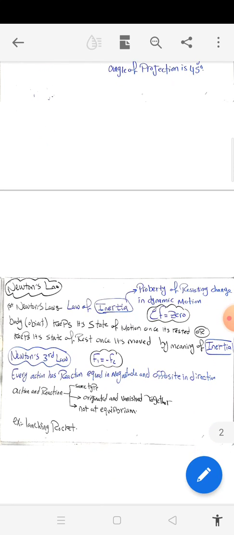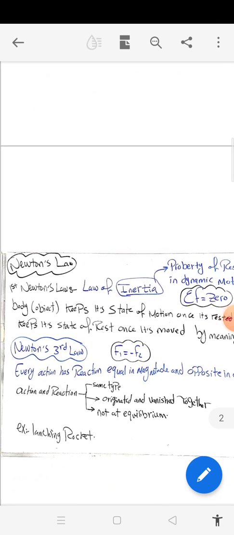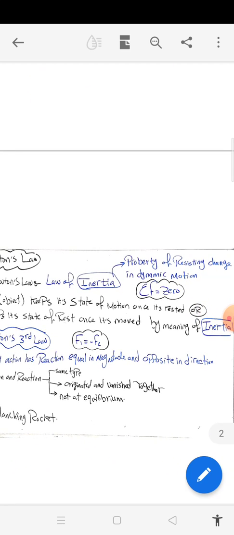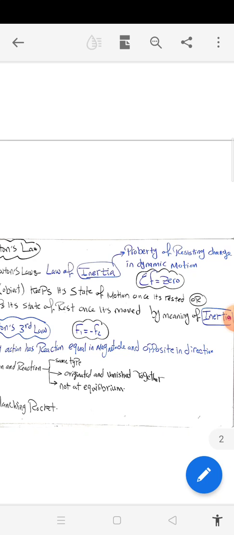We also have to discuss Newton's laws. Newton's first law states that a body keeps its state of rest, or of motion, unless acted upon, by means of inertia.